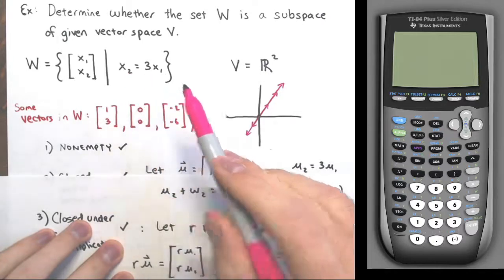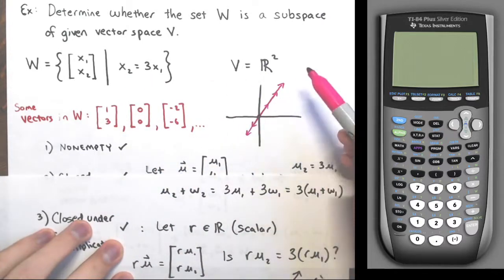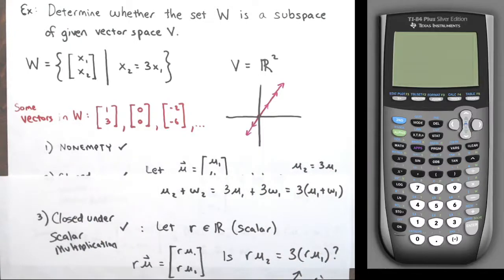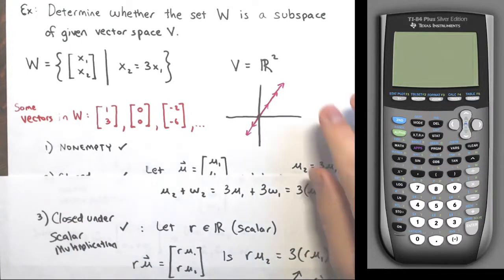Any vector that satisfies this would form a line through the origin on R2, as I mentioned before. Okay, so that one was a subspace. Got plenty more.